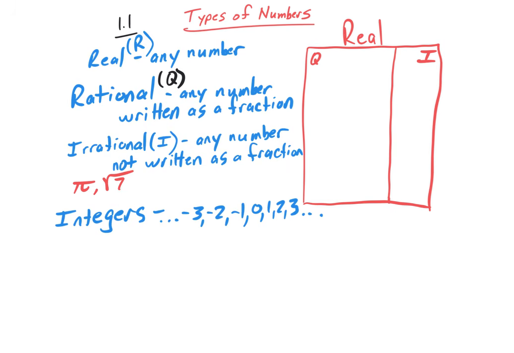The letter that we use for integers, we already used I for irrational. So the letter we use for integers is Z. Once again, why do we use Z? Not really sure. I think it's just because it's kind of an uncommon letter, and so Z is what we choose to use for integers.